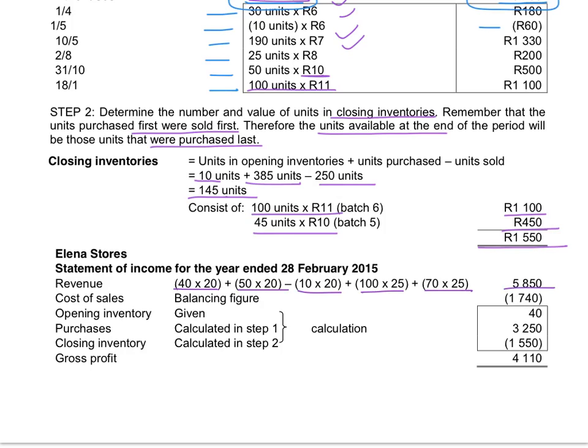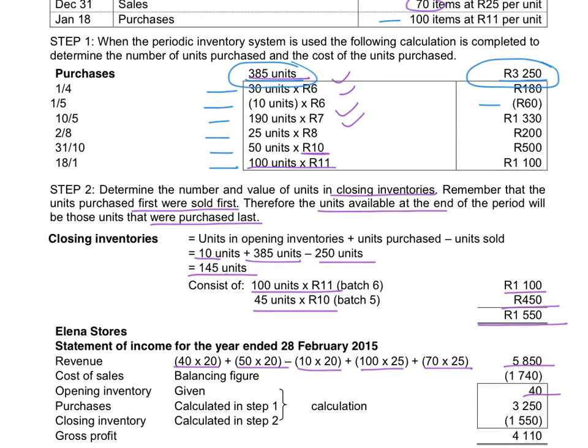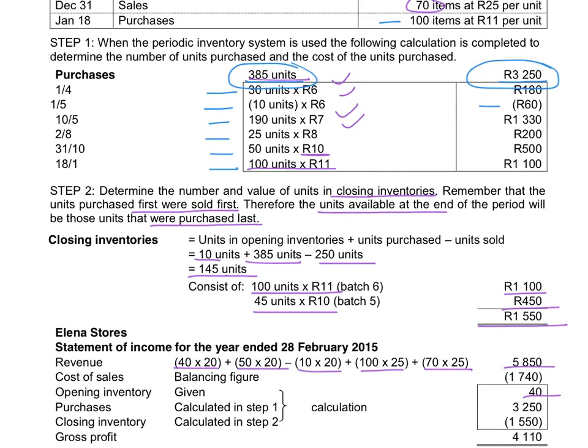My opening inventory was given as 10 units at 4 Rand each, so opening inventory was 40. We calculated that the total purchases for the year was 3,250 Rand.